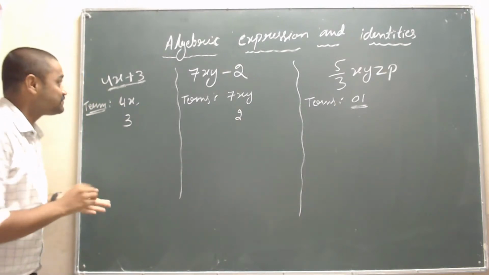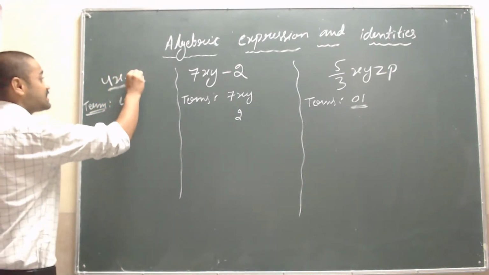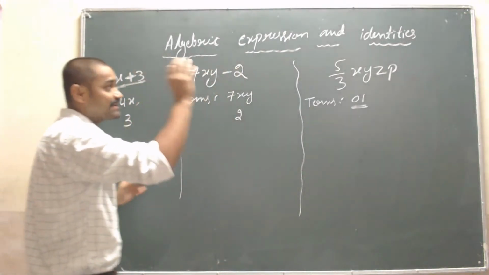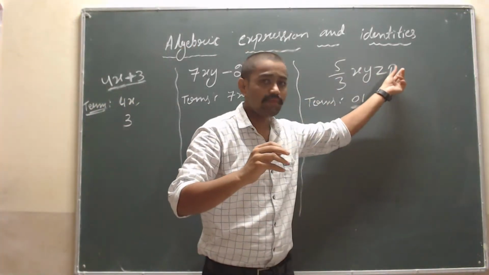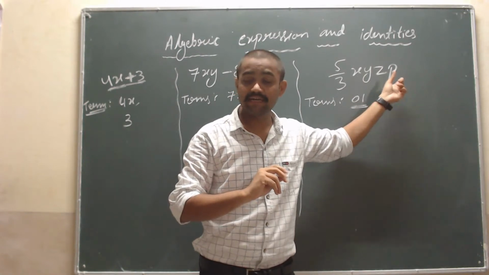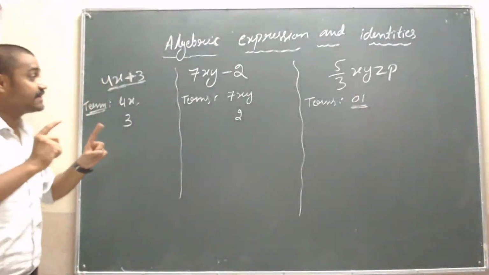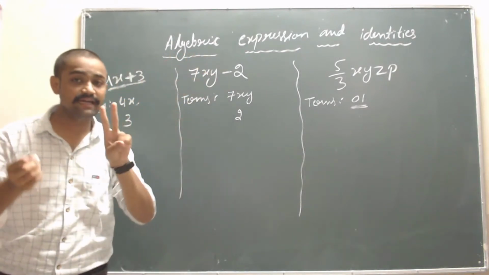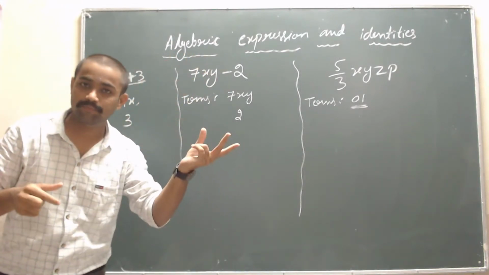See here, students. Here the operation plus is there. Here the operation minus is there. But here there is no plus or minus. If and only if plus or minus comes, the terms will become more.